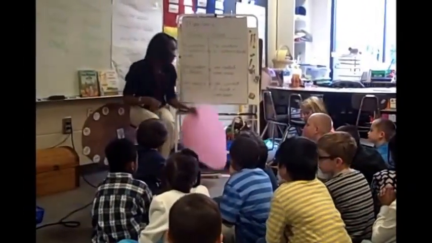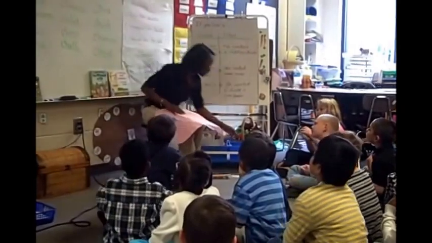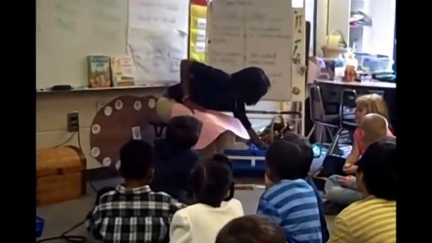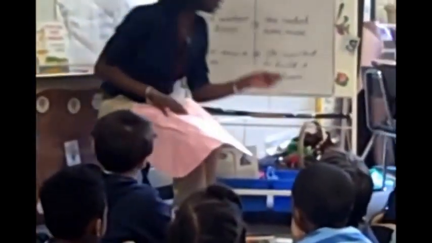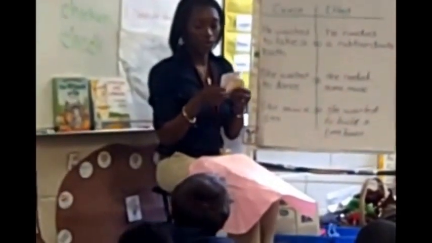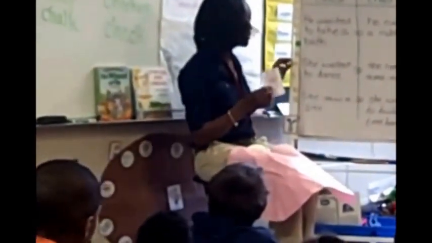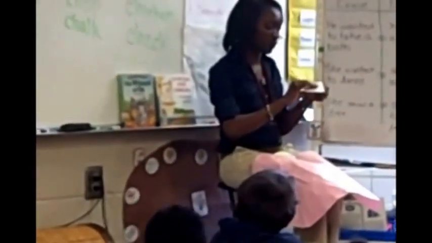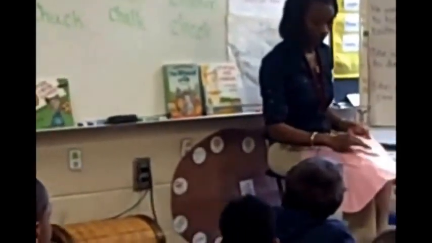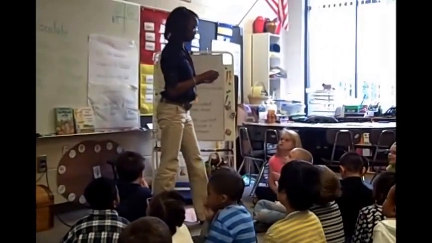So here's our pretend pancake. And here are our items from our store. Here's our piggy. I'm going to put Piggy in the middle. Alright, I'm going to go around to the people who are doing the right things.